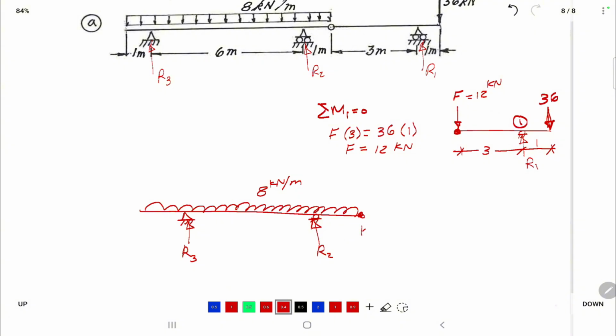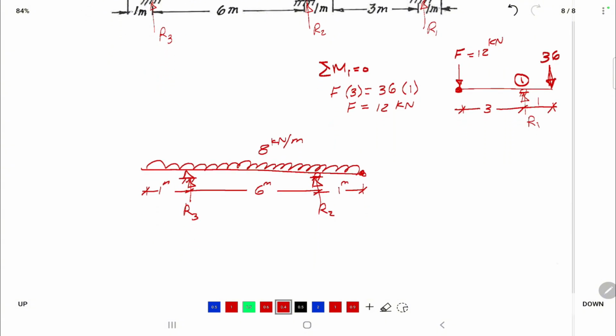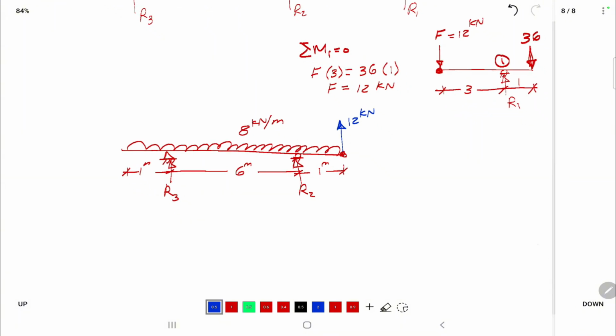These distances are 1, 6 meter, and 1 meter. And at this hinge there is a force of 12. In the portion on the right it is 12 downward, so I have to put it 12 upward. It must be in the opposite direction.